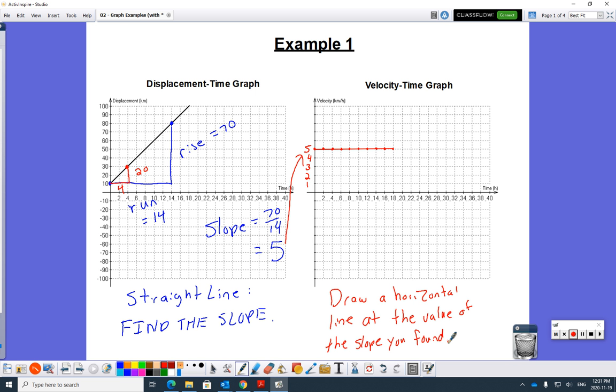This graph shows, by going in a straight line like this, that the velocity is always 5 on the displacement time graph. To show that the velocity is also always 5 on the velocity time graph, I just have to stay at 5 the whole time. They're showing two different things, but they're showing the same information.